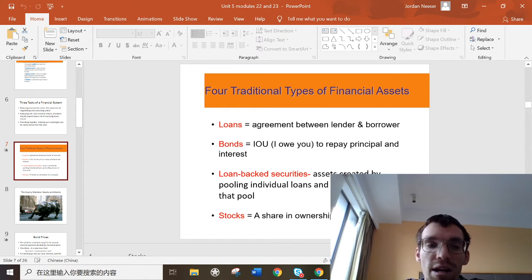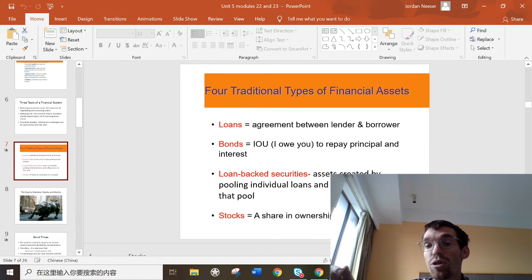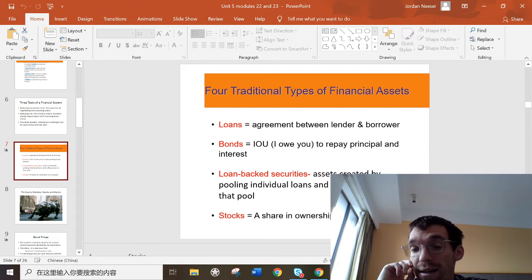We'll get into detail on that in a minute. Loan-backed securities represent the combination and pooling of all these individual loans, and they're all put together in the same place. And then stocks are not liabilities. Stocks are ownership. Stocks represent ownership in a company.